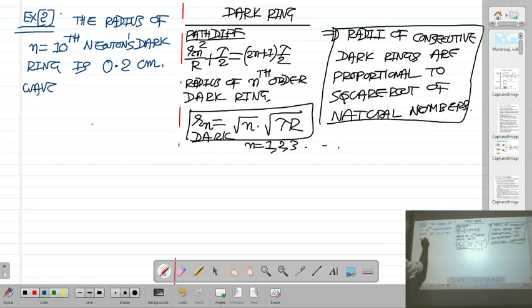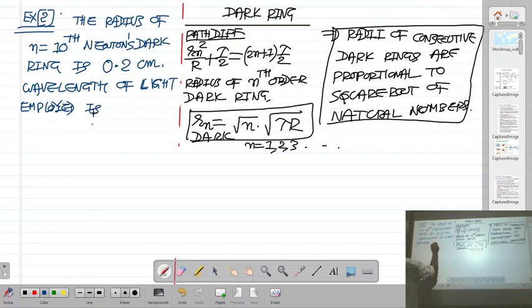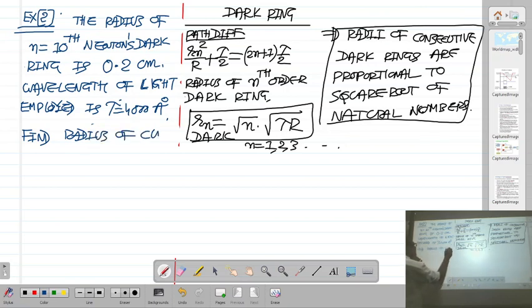The wavelength of light employed is 4000 angstrom. Find the radius of curvature of the convex lens.